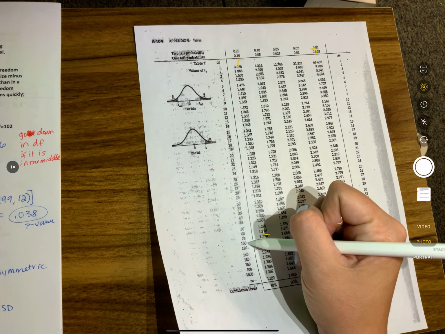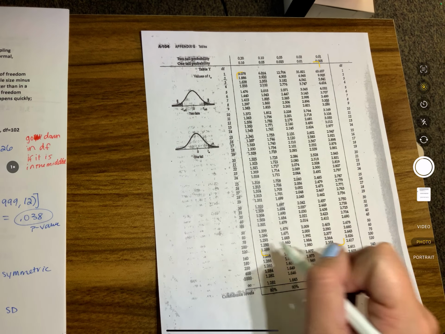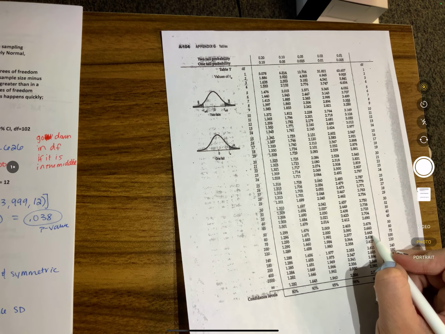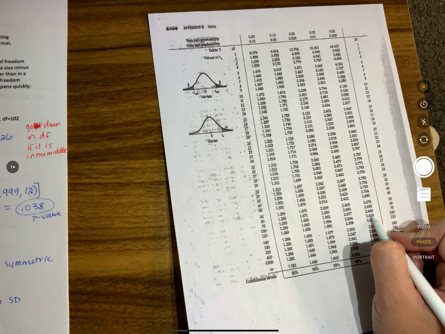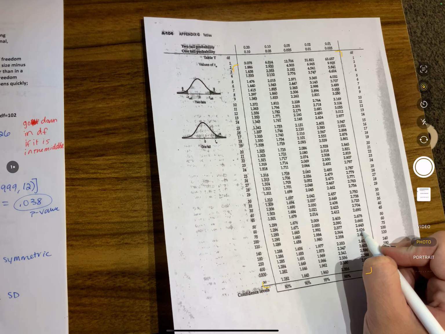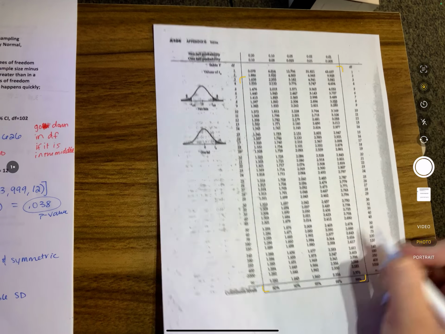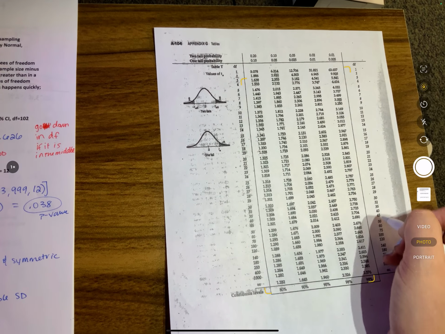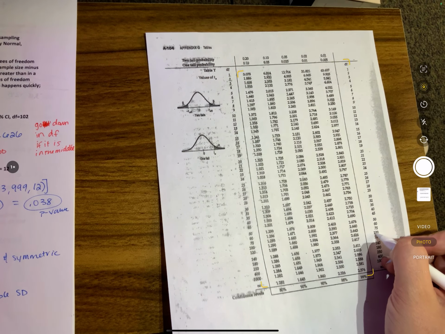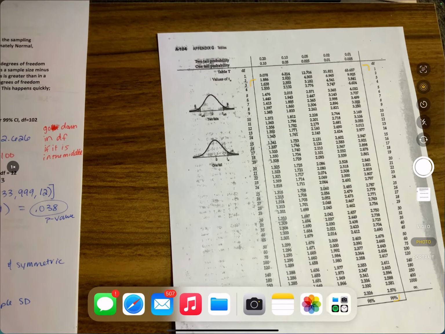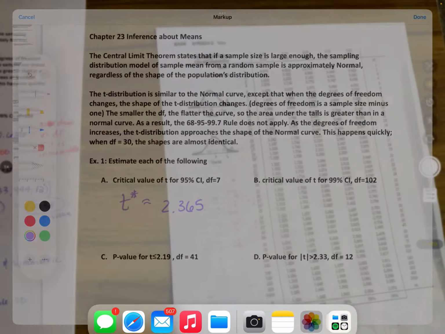And then it's 99%, so we're looking at the one for 0.01. So it's going to be this 2.626. The top number is that 0.01, and then you have the 100 degrees of freedom here.